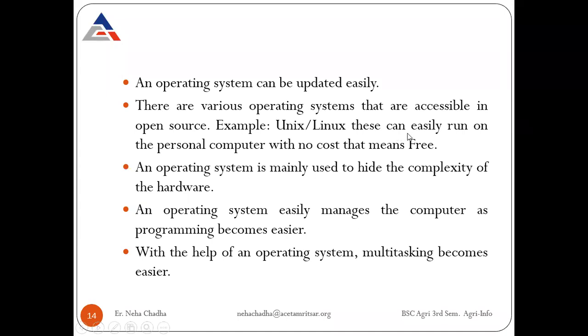Linux and Unix can easily run on a personal computer at no cost, that means free. An operating system is mainly used to hide the complexity of the hardware. An operating system easily manages the computer as programming becomes easier. With the help of an operating system, multitasking also becomes very easy.